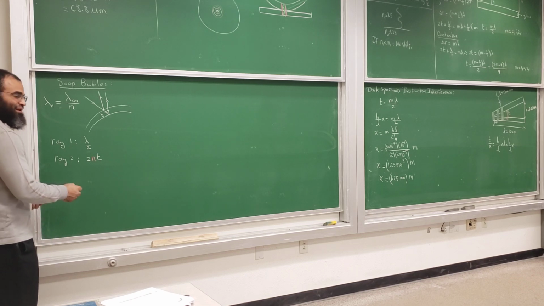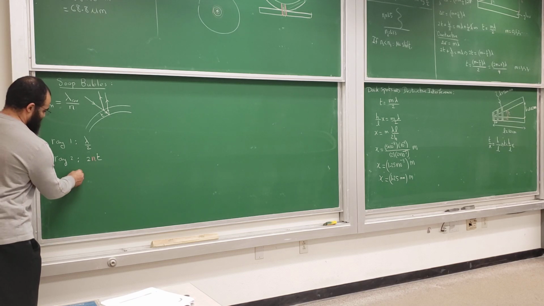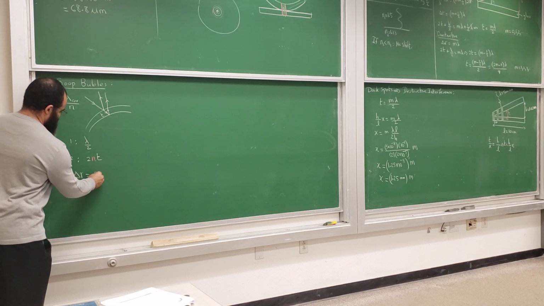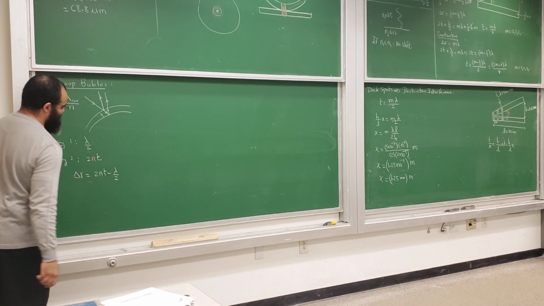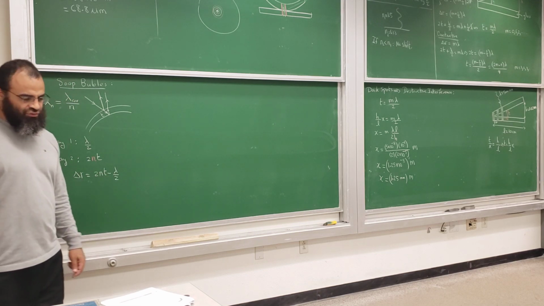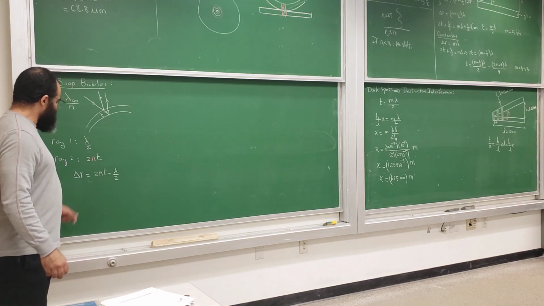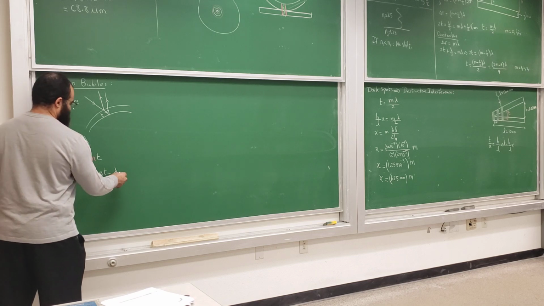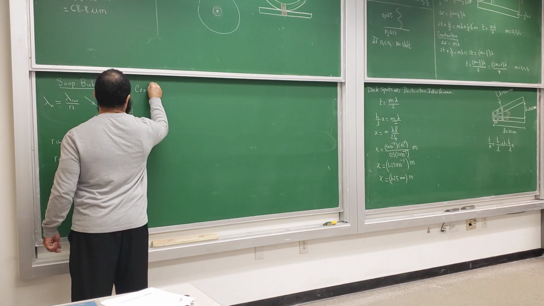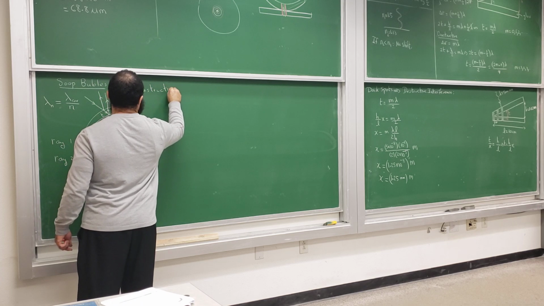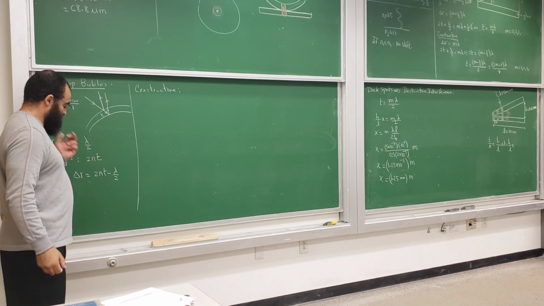So the difference in path is this minus this, right? The difference in path, delta r, is 2nt minus lambda over 2. And then we need to figure out what m's to use. So if I want constructive interference, what do I need this to be?